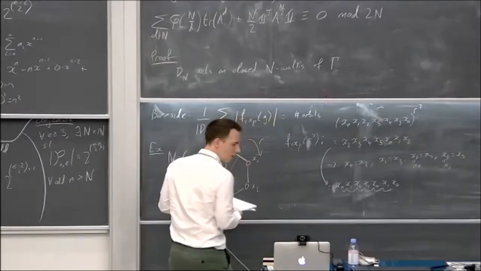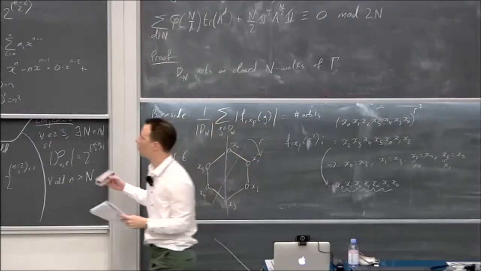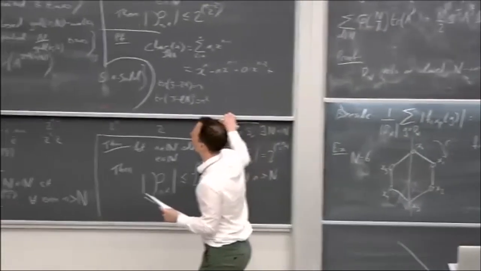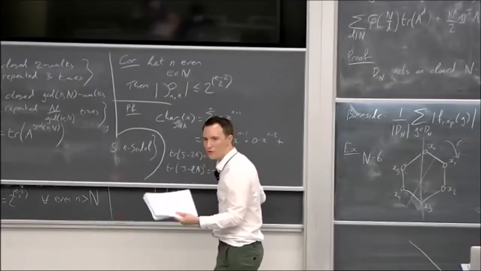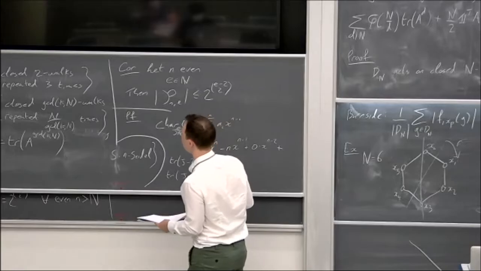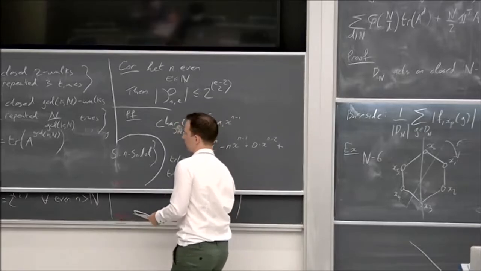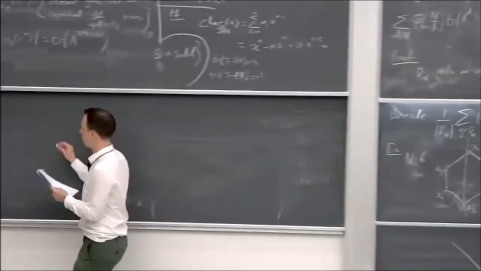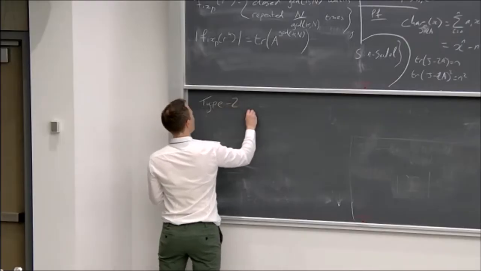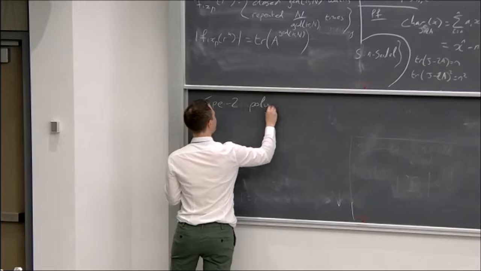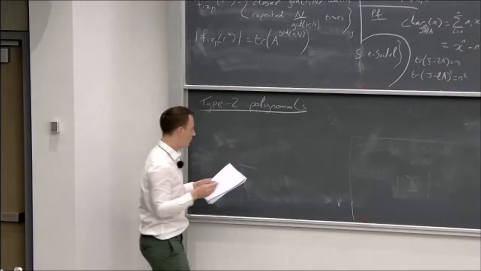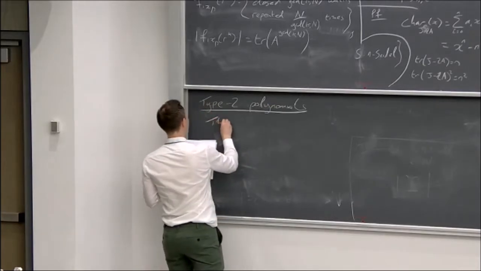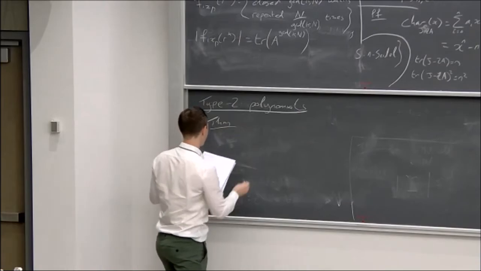So now I want to briefly summarize what we've seen so far about properties of characteristic polynomials of Zeta matrices. And so I think I want to go to this board. So now I'll introduce polynomials that I call type 2 polynomials. And let me briefly summarize in a theorem what we've seen so far.